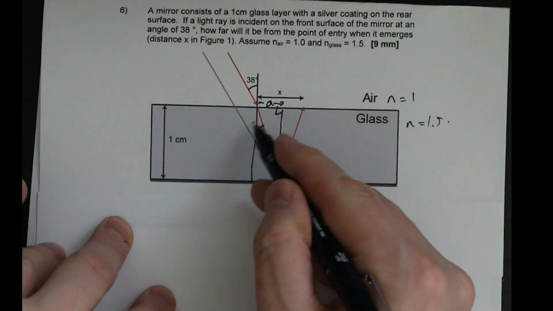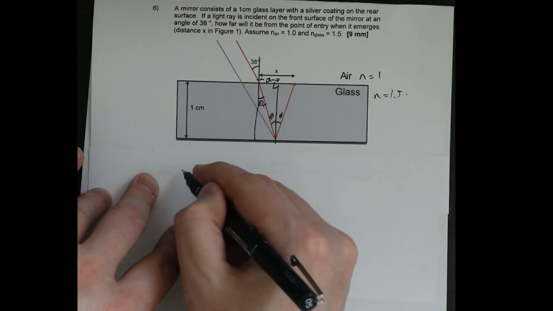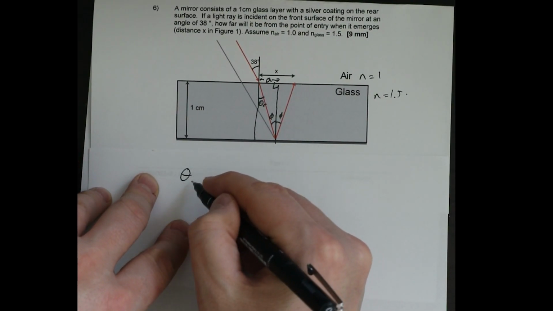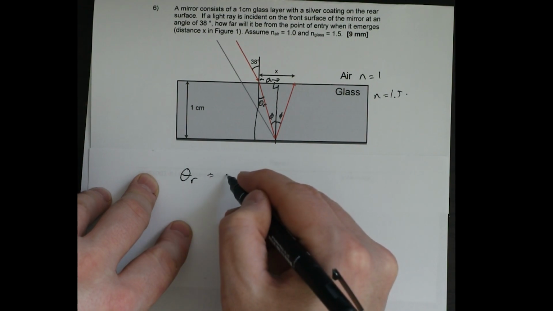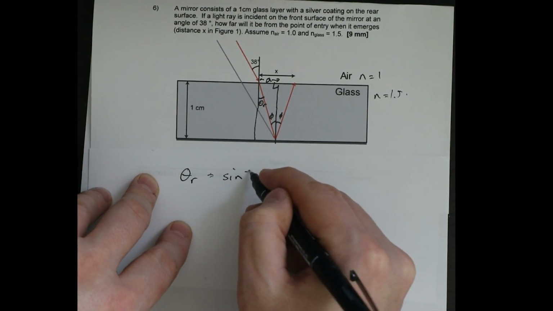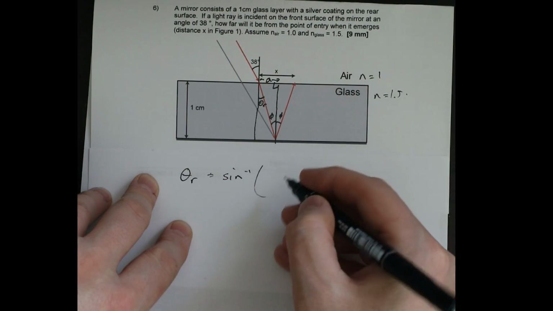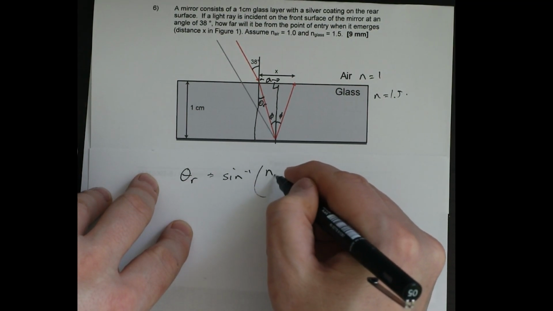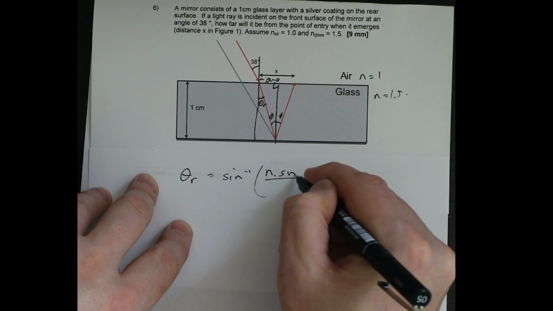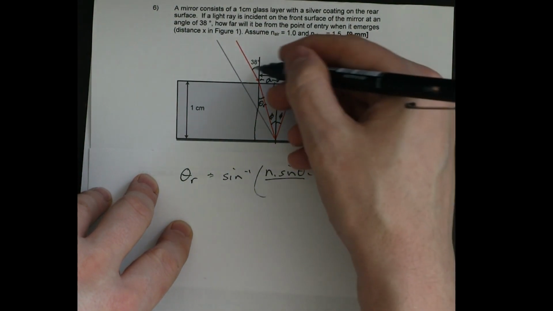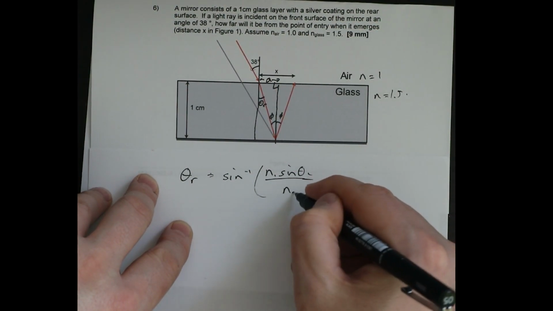To start with, let's work out this refractive angle here, theta r, and this is the same as the solution to the last question. So just to rearrange Snell's law, we get that theta r is equal to sine to the minus 1 of n1 sine theta i, the incidence angle, which is equal to 38, divided by n2.